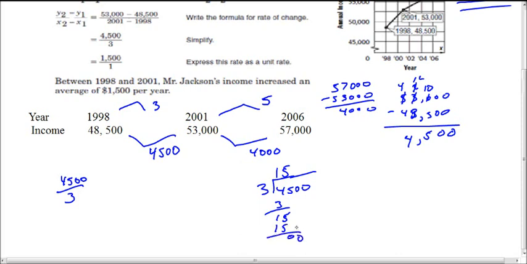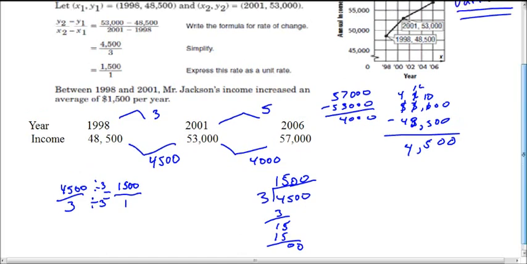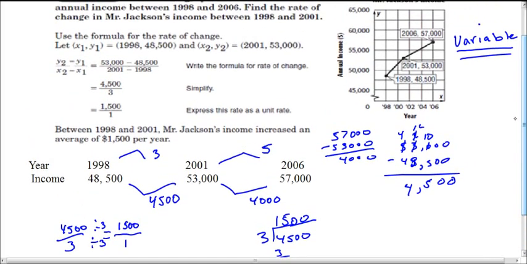Bring down my zeros. So here I'm dividing by 3 because I need to get 1, remember, as a denominator in my rate. So that's going to give me 1,500. And like they say above, between 1998 and 2001, his income actually increased by 1,500 per year.